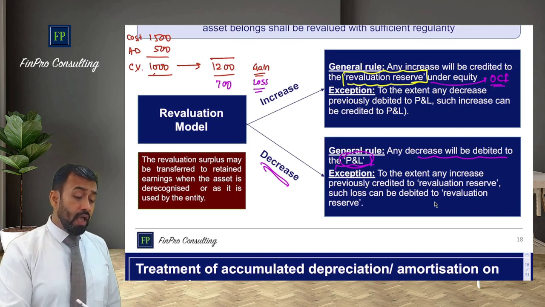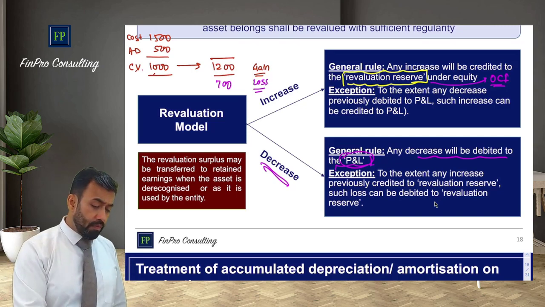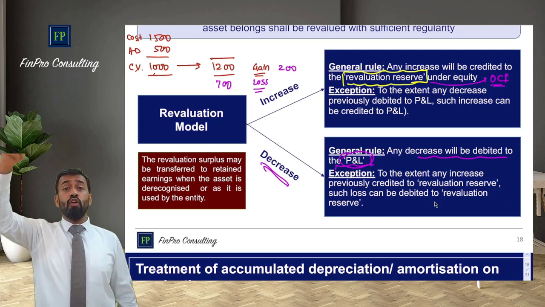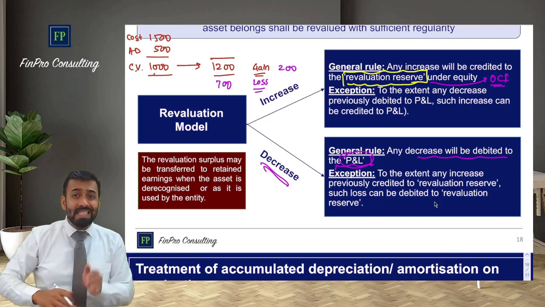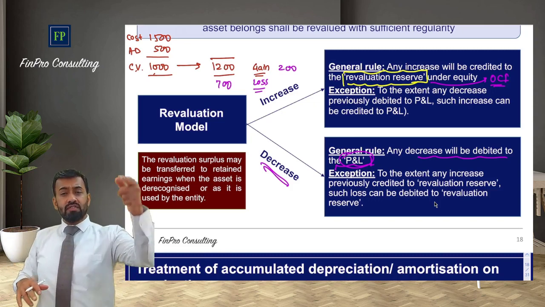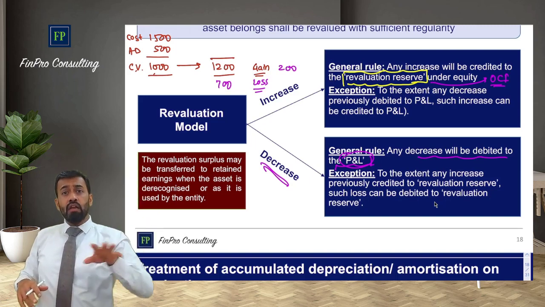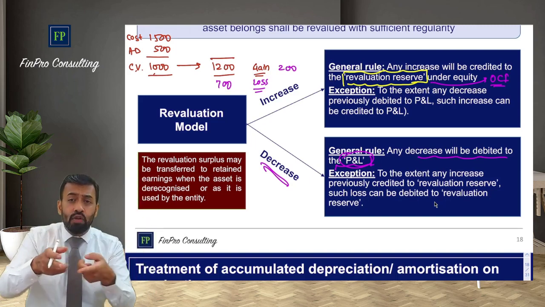What is the exception? If in the previous year, before this gain of 200, any kind of revaluation loss you have accounted in P&L and this time now there is a gain, to the extent of that loss which you have debited to P&L previously, this gain you can credit to P&L to that extent.